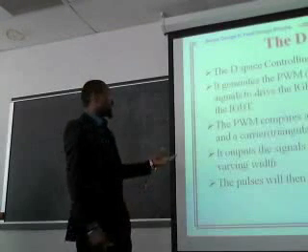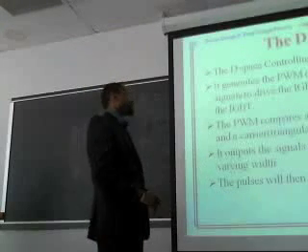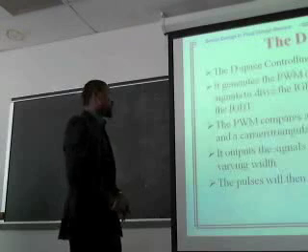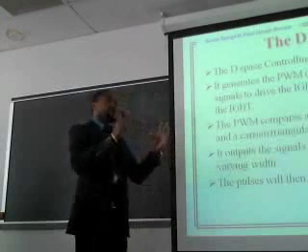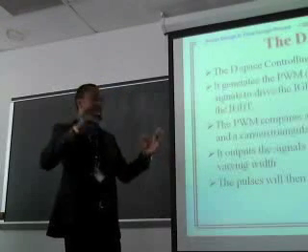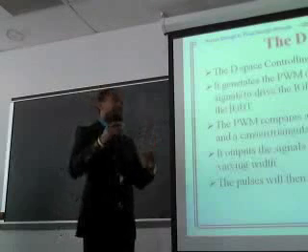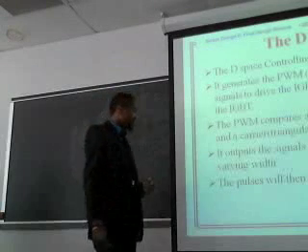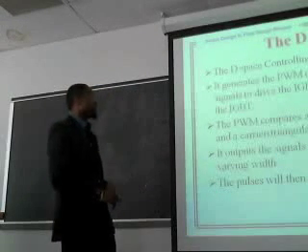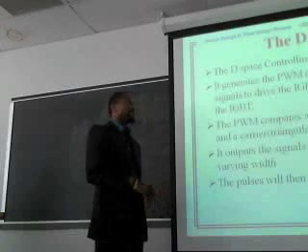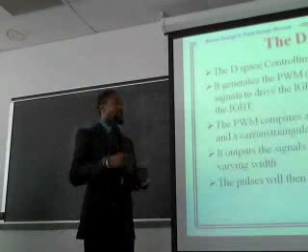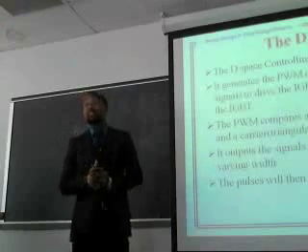Then also the output, it outputs the signal in the form of pulses with varying width. So the width of the square wave, as you can see, varies from time to time depending on the frequency. Also, the pulses would then be sent to the IGBT gate, which goes off and on, which we're going to see in the next slide.